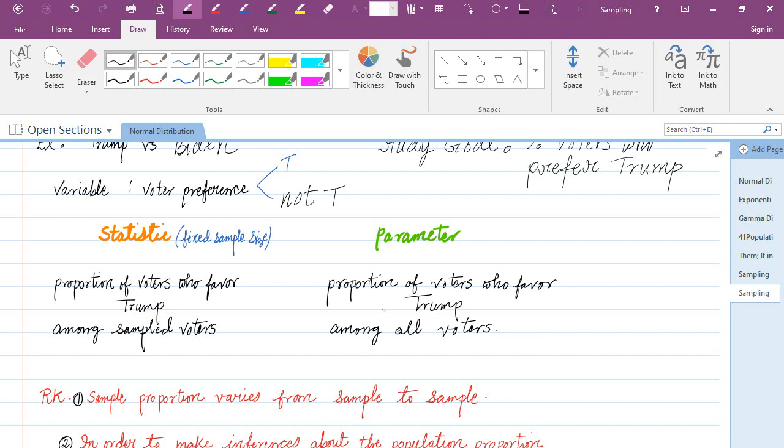Now, if the population parameter is the proportion of voters who favor Trump, then what is the sample statistic here? Well, the sample statistic here would be the proportion of voters who favor Trump among the sampled voters. And if we're interested in the count, then we're looking at how many voters in the sample prefer Trump.